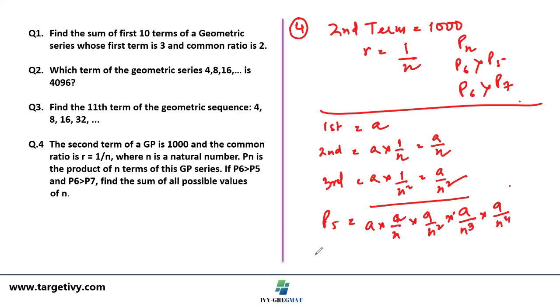This is P5. Similarly, P6 will be, so there are 1, 2, 3, 4, 5 A's. A to the power 5 divided by n to the power 10. P6 will be A to the power 6 followed by n to the power 15. Similarly, P7 will be A to the power 7 followed by n to the power 21.